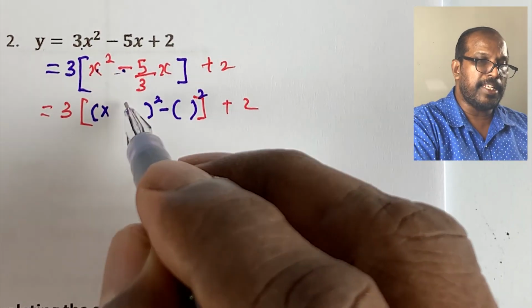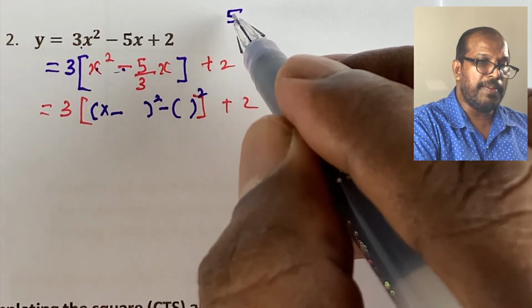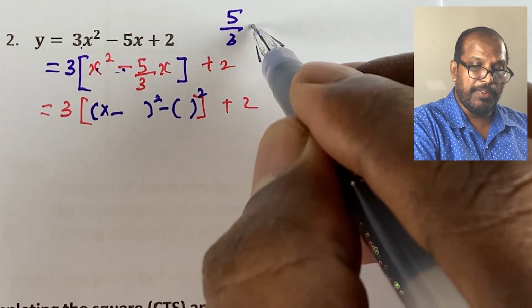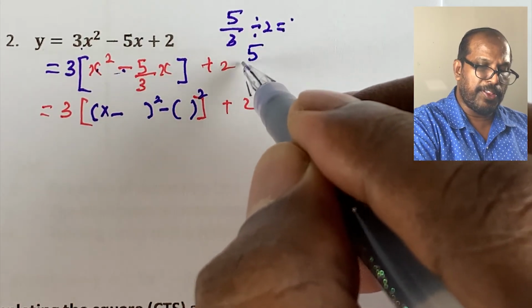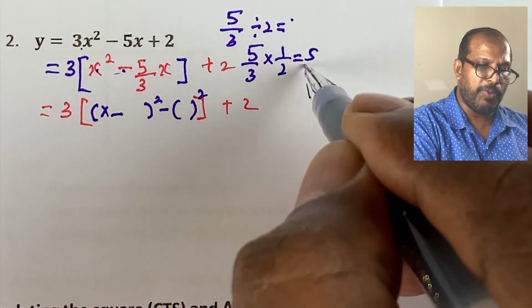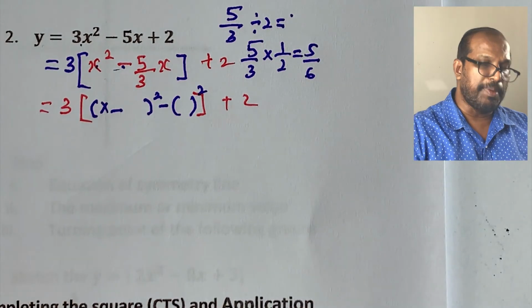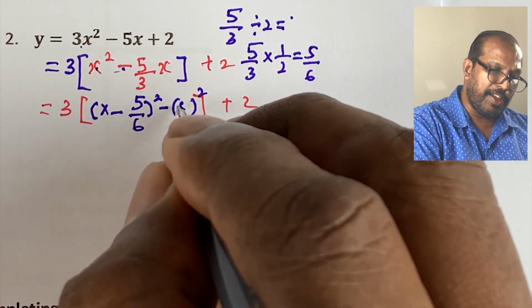Here is minus, then here is minus. Here is 5 over 3, so we take 5 over 3 divided by 2. That means we got 5 over 3 times 1 over 2. So this gives me 5 over 6. That means this value is 5 over 6, then this is 5 over 6.